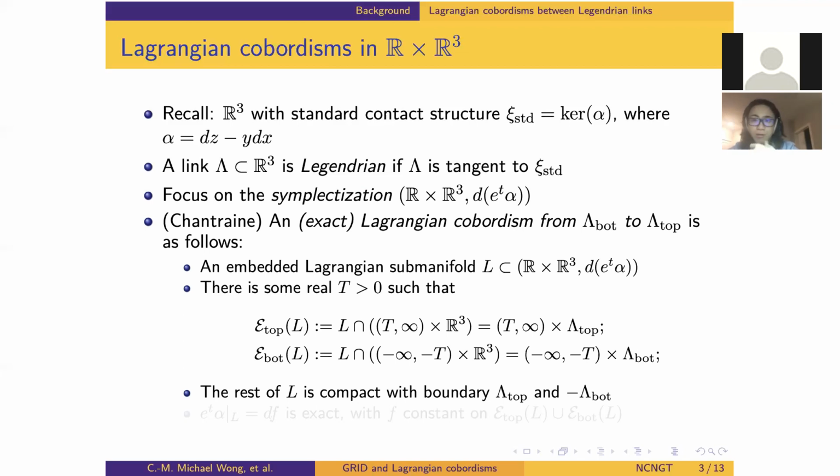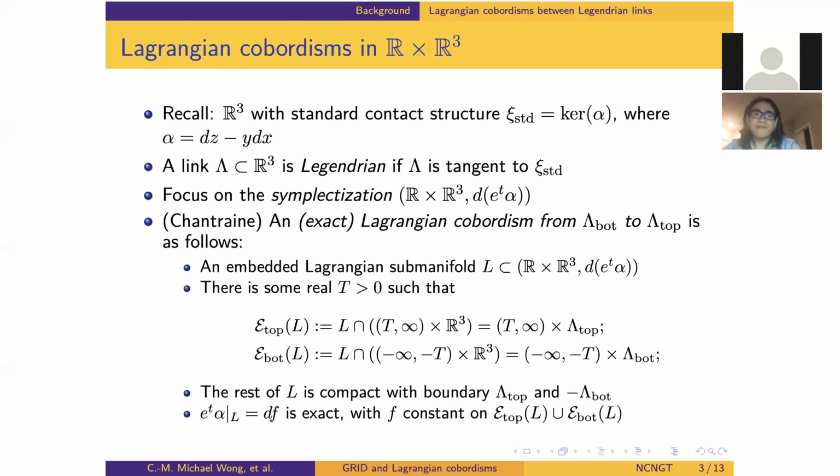So now, what does it mean for a submanifold to be Lagrangian? If you recall, that means that the symplectic two-form, d of e to the t times alpha, vanishes when restricted to L. But we can ask for something slightly stronger, which is that the primitive of this symplectic form, e to the t times alpha itself, is exact.